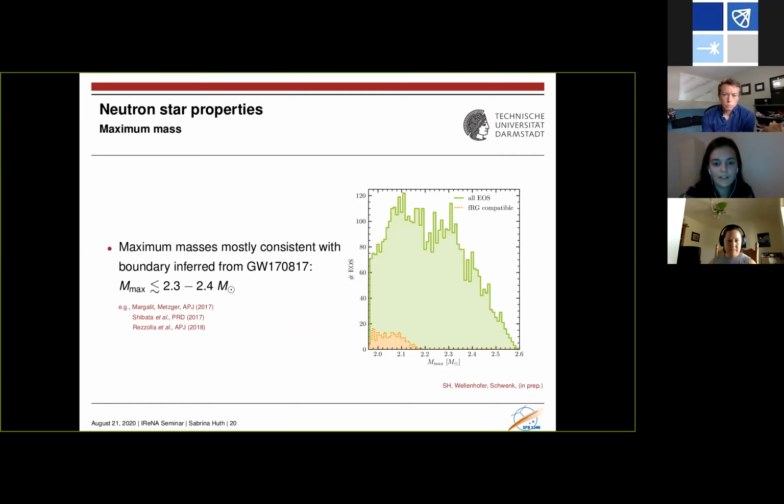And this is actually consistent with the maximum mass boundaries, so the upper bound of the maximum mass that is inferred from the gravitational wave measurement, which gives an upper bound of roughly 2.3 to 2.4 solar masses.